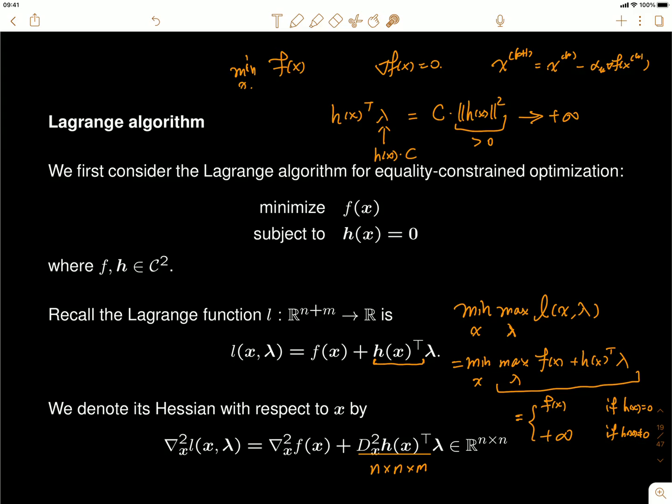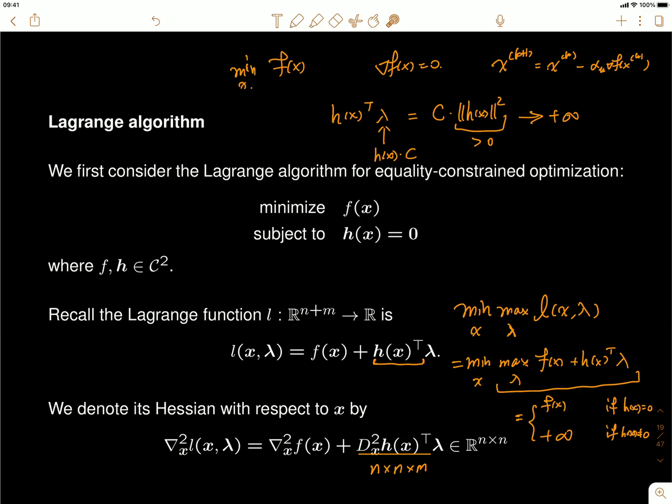And what this says is that if x satisfies the constraint, then we're okay. We're just minimizing this. This is exactly what we're trying to do. We're trying to minimize f under the constraint that h(x) is equal to 0. If it's equal to 0, then we're actually minimizing f(x), because this part will be just f of x when the constraint is satisfied.